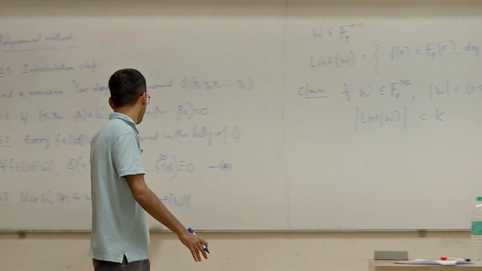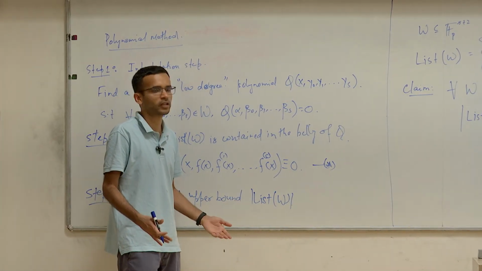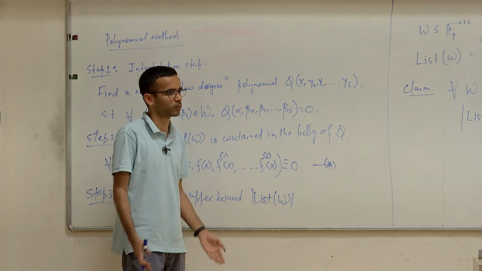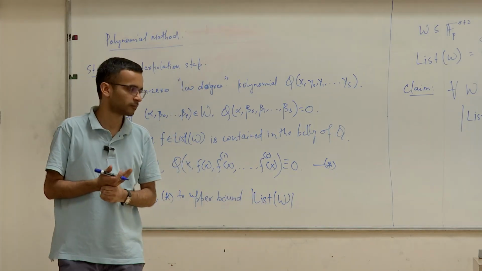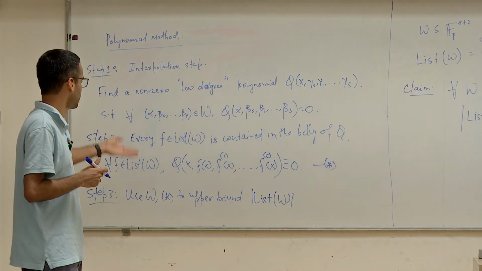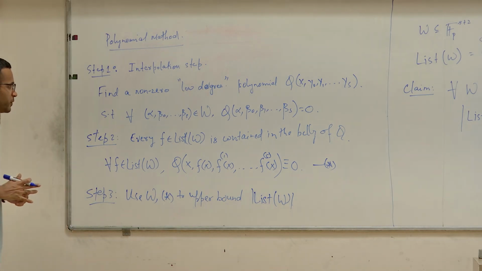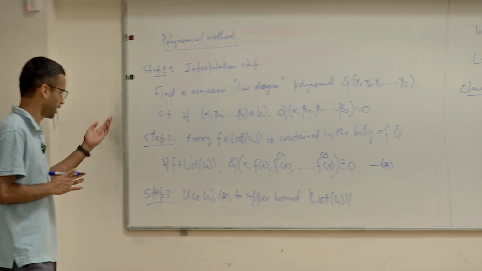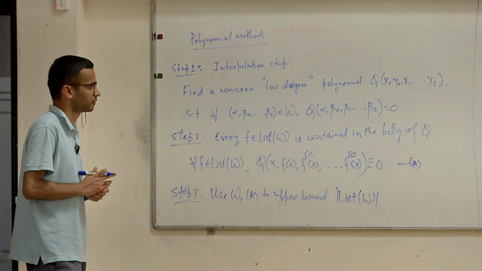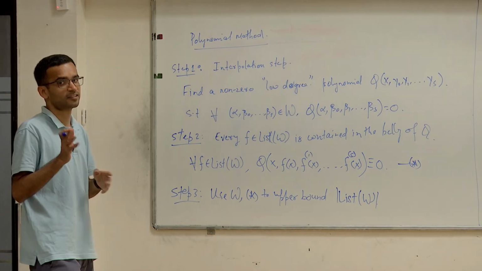So we need really, really good bounds on the list of W. Typical list decoding algorithms for even multiplicity codes do not give you such good bounds. So we don't care about such good bounds in that case. But otherwise, this sketch should look like any of the decoding algorithms for many of the algebraic codes. They have the same structure. So these ideas are traced to that. This list is that list.